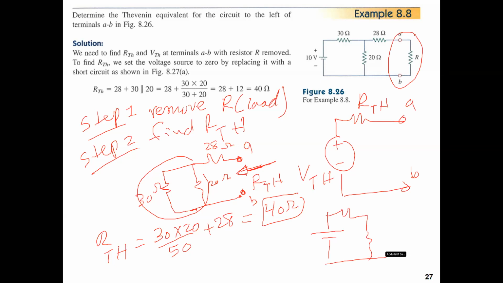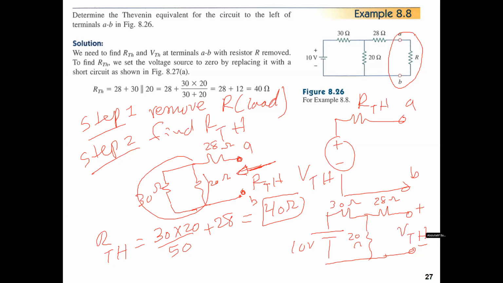Now, with all the voltage sources or current sources, whatever exists, they have to be there. The 20, and this is 28, all ohms here. So we need to find the voltage here.